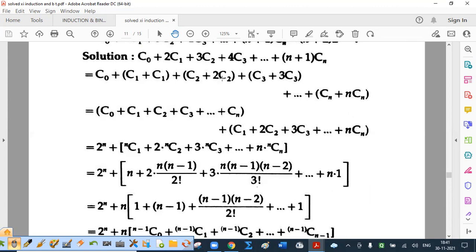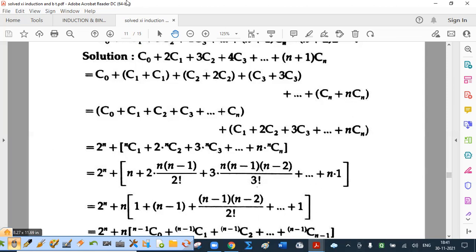Then twice nC2, thrice nC3, up to n times nCn. Now what is nC1? It is n. What is nC2? On simplification, it is n into n minus 1 by 2 factorial. What is nC3? n into n minus 1 into n minus 2 upon 3 factorial. And what is nCn? It is nothing but 1.